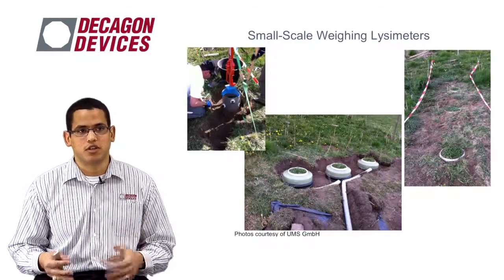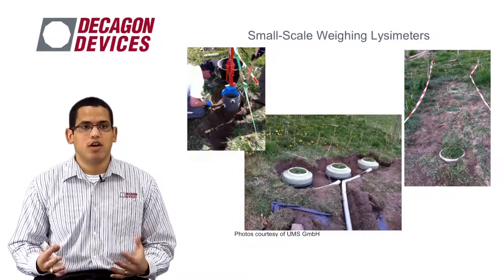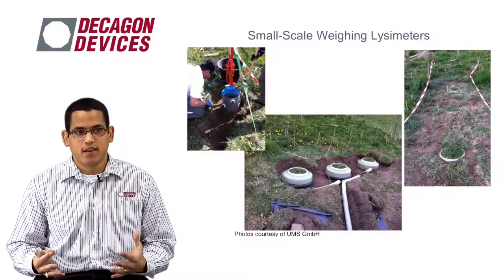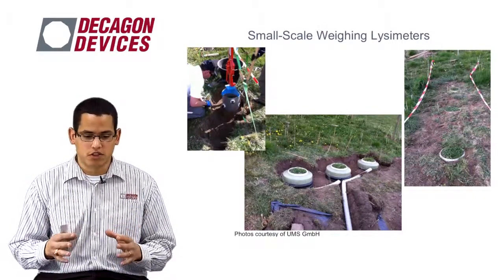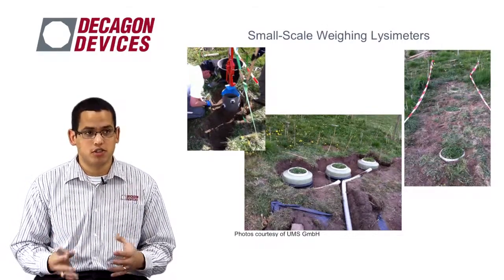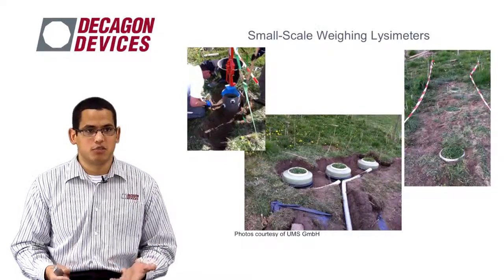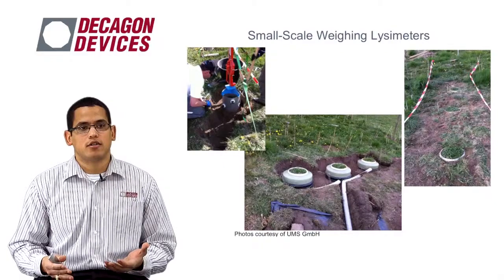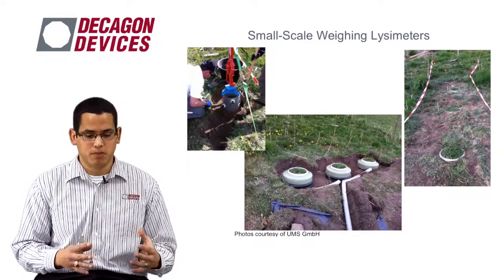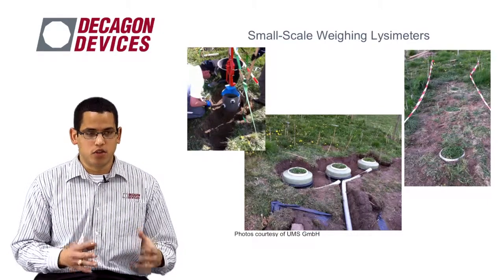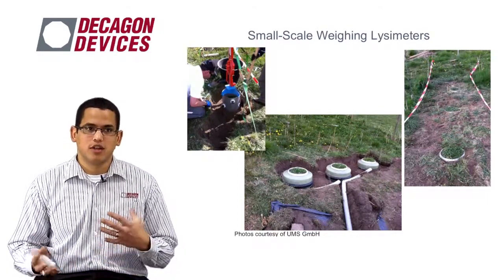The installation can be done by hand instead of having to use large equipment. It's much easier to do, and just like with the large lysimeters, you use a precision load cell to weigh the monolith, and you're actively controlling the suction at the bottom of the lysimeter, allowing you to get the same accurate measurement that you get with the large lysimeters, with these smaller lysimeters at a lower cost.